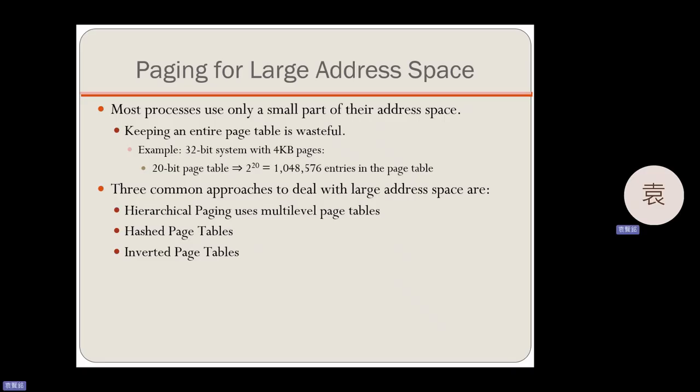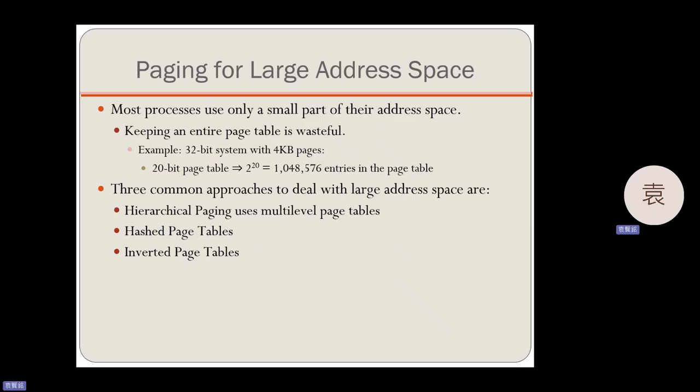Because the possible program size will be so huge. So to deal with a large logical address space, a program may contain a large address space. Then there are too many page table entries to put in a single physical frame, so we may need to separate the page table into different frames.